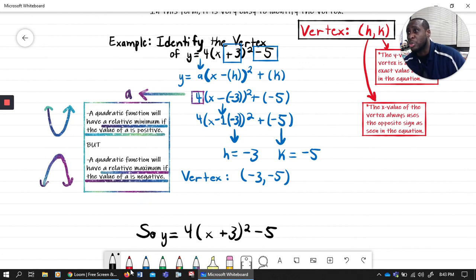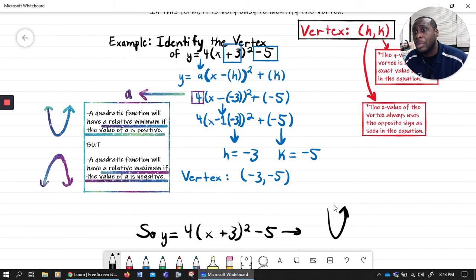if we just wanted to do a little sketch of the graph, not an actual coordinate plane, but just a little sketch of how this graph would look, using the information we just determined based off of the a, the h, and the k, then because the a is positive, it would have a minimum, and the graph would open up. Yeah, that is sloppy, but it's okay.